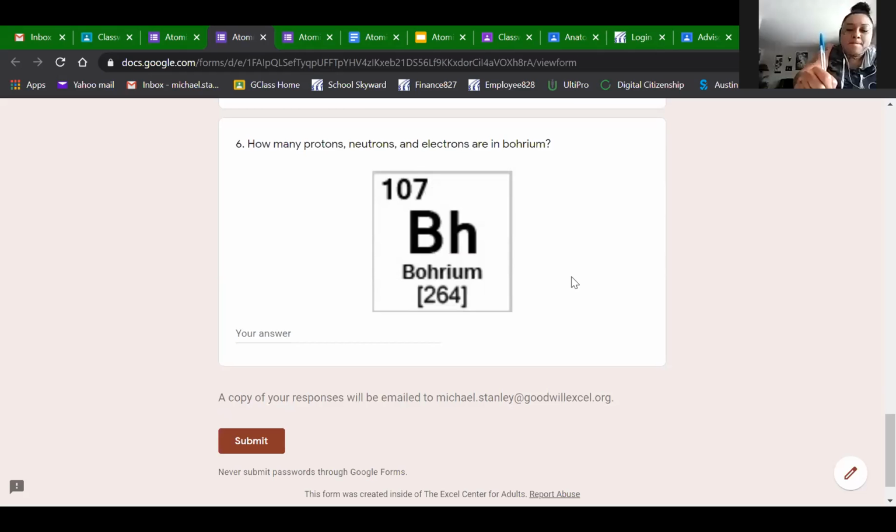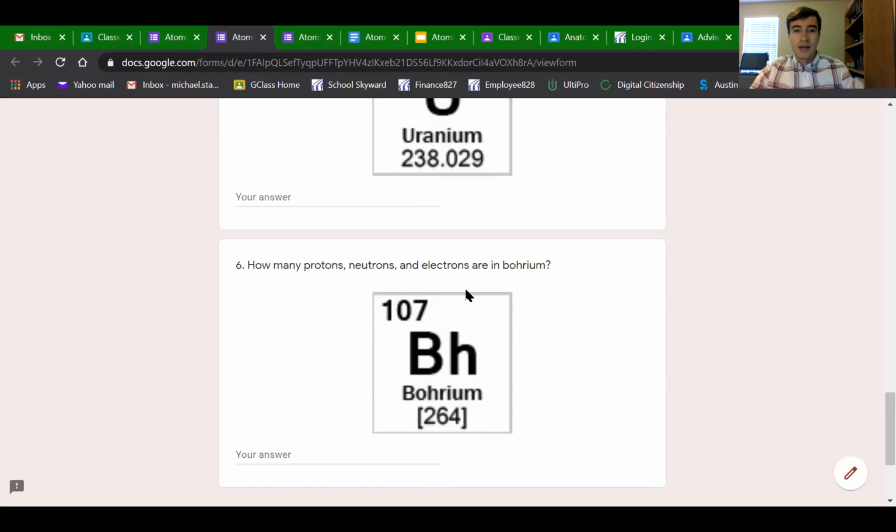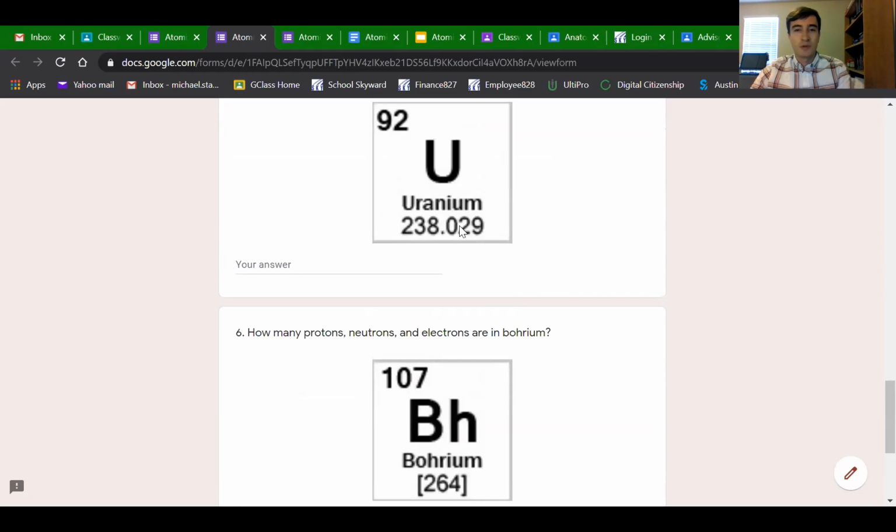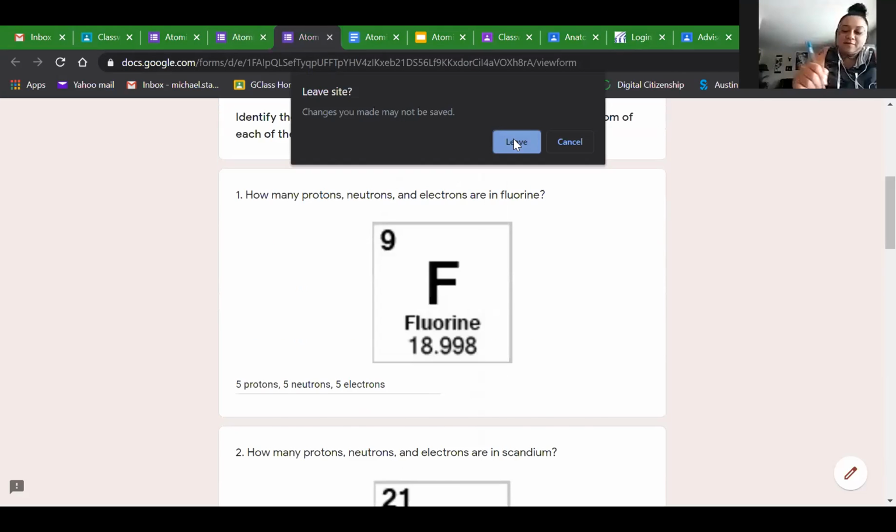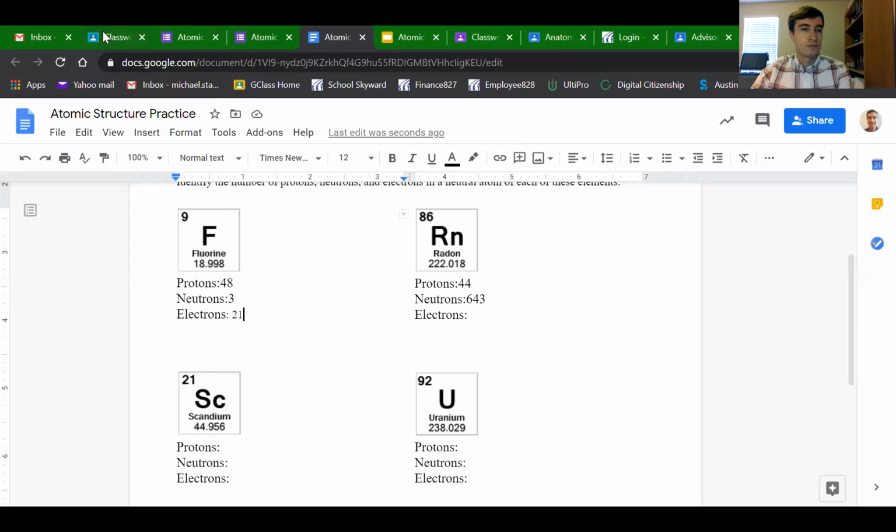For borium, I think it's a little bit more unstable, so they're not able to measure it quite as directly. So essentially that's them saying this is the estimated mass. This is as close as we've been able to get so far, but it's not as precise as these other elements that have all these decimal points on them. Okay, thank you. No problem. Good question.